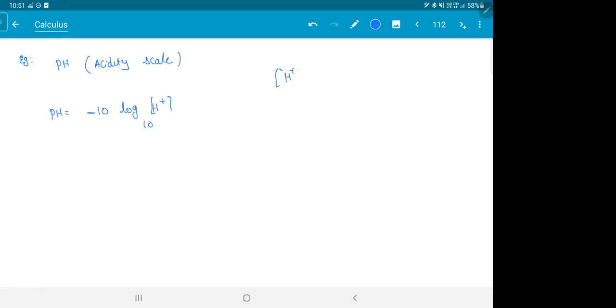So if the H plus concentration is 10 power -7, this is for water. So pH of water will be -log 10 power -7 to the base 10. So -7 comes out. So 7 comes out. So pH of water is 7. That's the meaning of it.